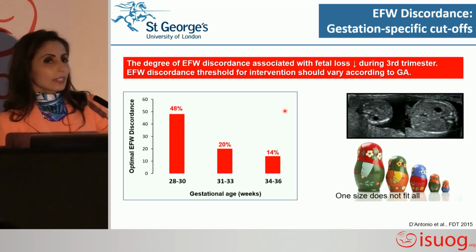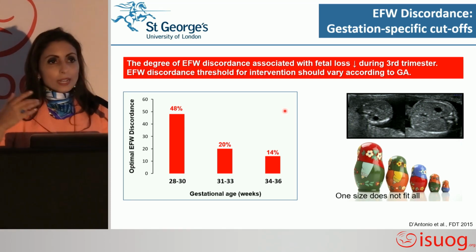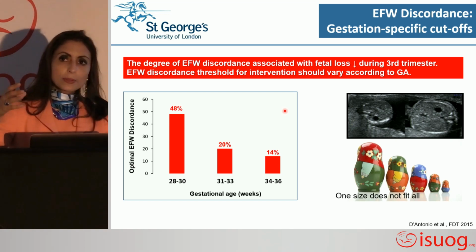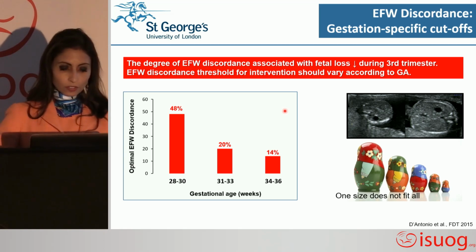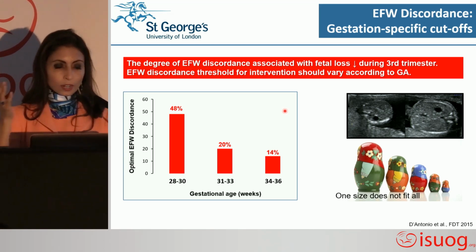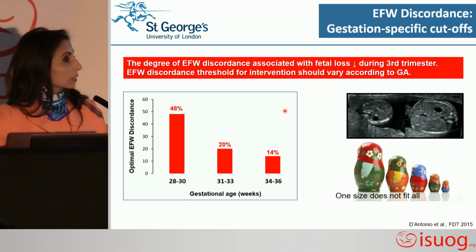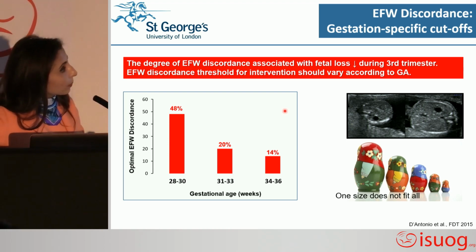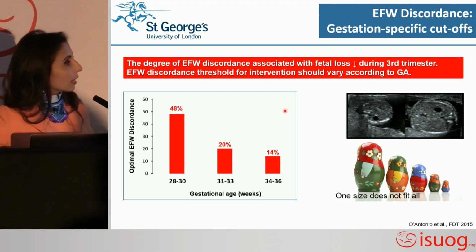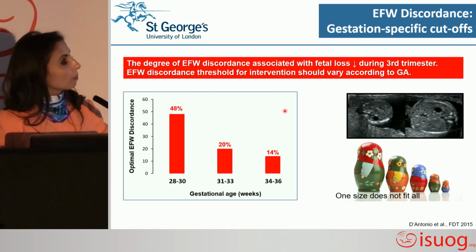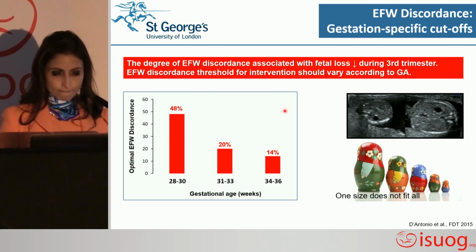But we also discussed the fact that when we looked at the data, one size does not fit all. The 25% might not necessarily be the ideal or the best threshold for, for example, a pregnancy at 34 weeks or at 28 weeks, because when we looked at STORK data, a large cohort of twin pregnancies, we found that the discordance cutoff that predicts the risk of mortality actually varies according to the gestational age, and it tends to be higher at an earlier stage, 28, 30 weeks, compared to a later stage in pregnancy.